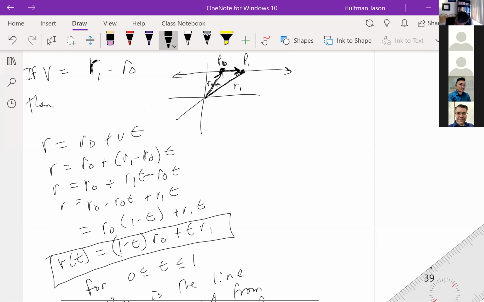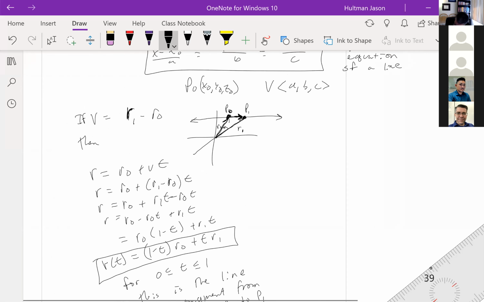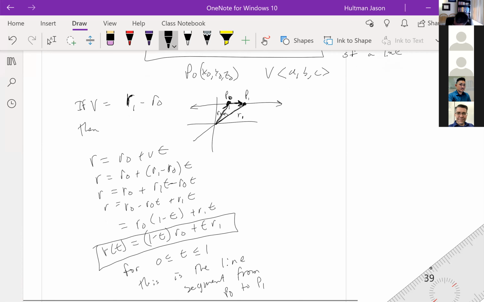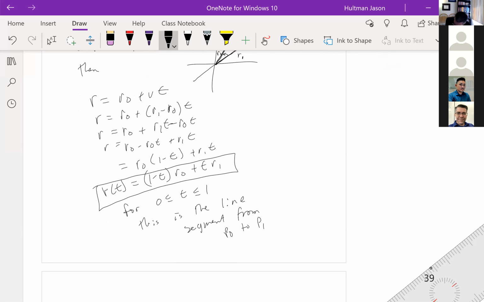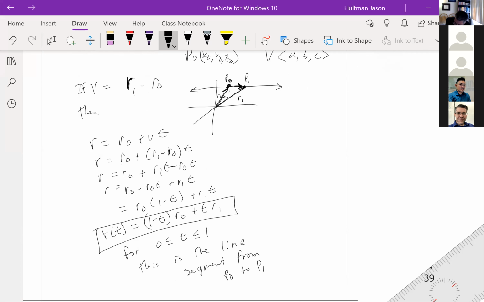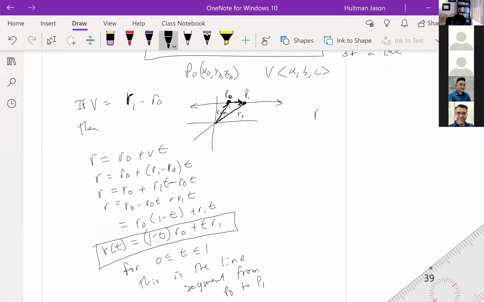Now, why is this? Because we're saying that the vector v here, r1 minus r naught, is the vector we're using, and that's going to give us a line segment. We're only allowing t to go from 0 to 1. When t is equal to 0, we get r naught.